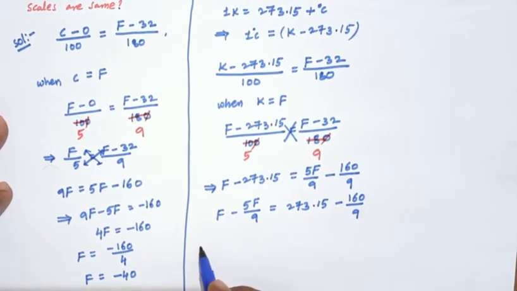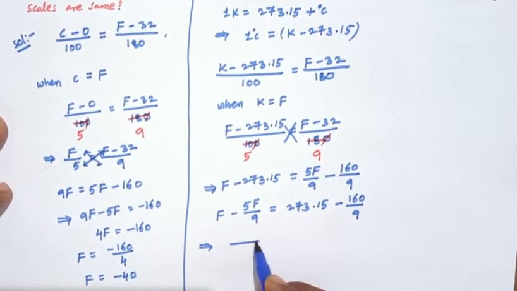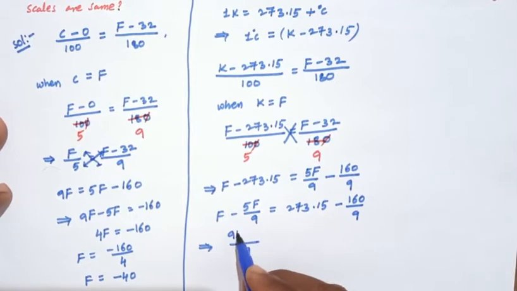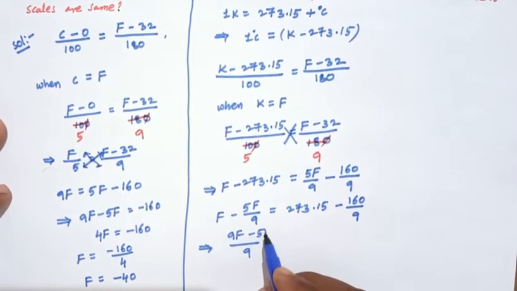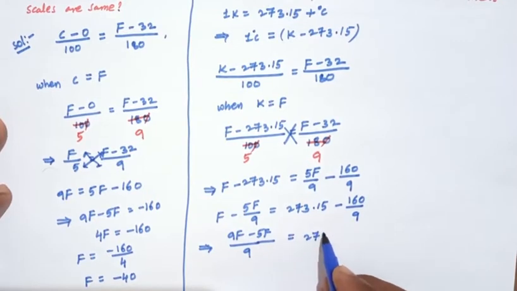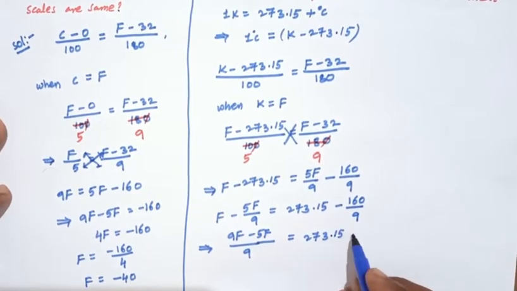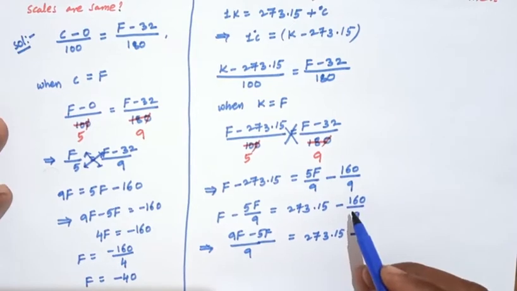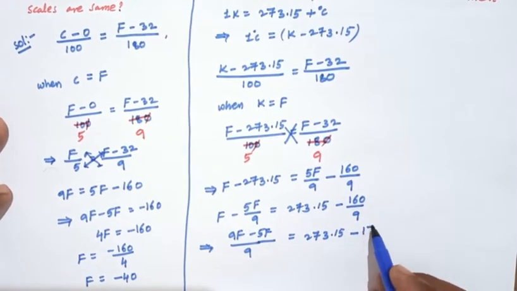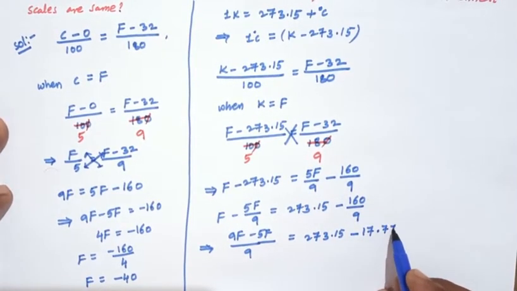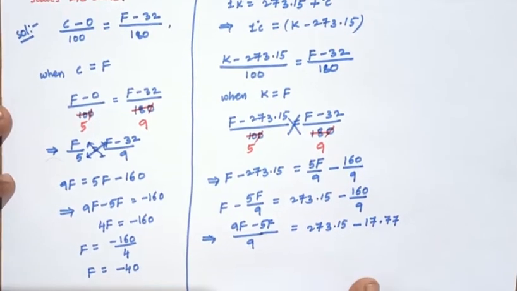So the LCM is 9, so (9F minus 5F) by 9 equals 273.15 minus 17.77, calculated with a calculator.